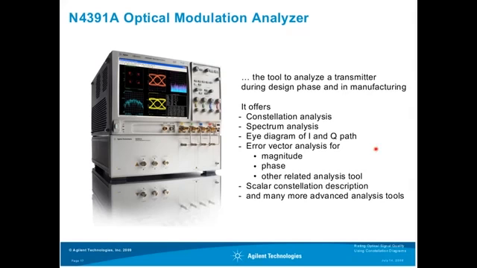I will explain the error vector magnitude concept in more detail later on because it is very well known in the RF world. In addition, this instrument offers a scalar constellation description to be able to rate the quality of your constellation diagram, and much more advanced analysis tools.